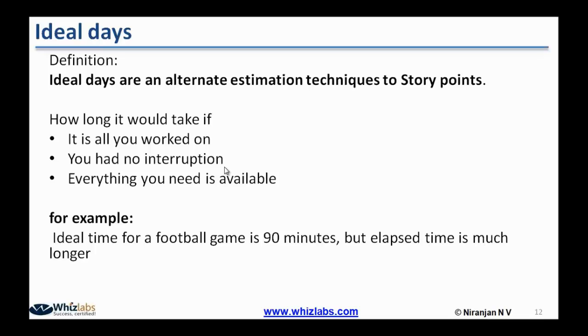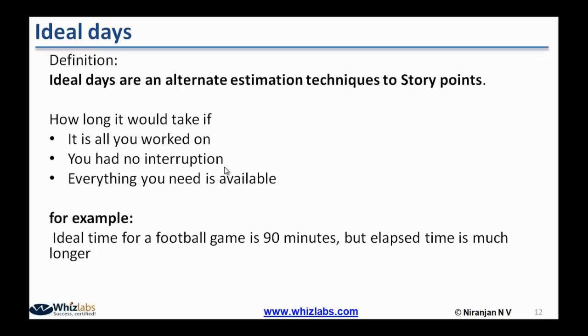So when you are using ideal days in your software project, you have to be clear whether you are talking in terms of ideal days or real number of elapsed days. And again, the understanding of what is ideal also has to be clear. One person may assume 3 days in a week as ideal days, another person may assume 4 days as ideal days.